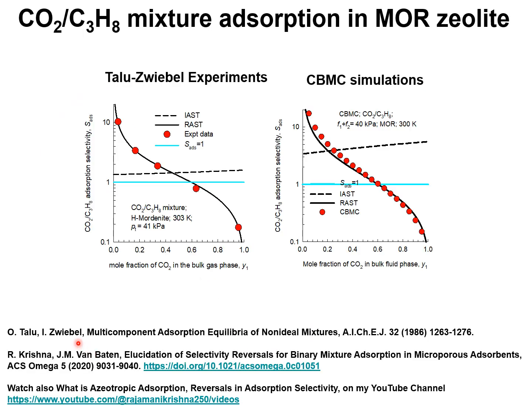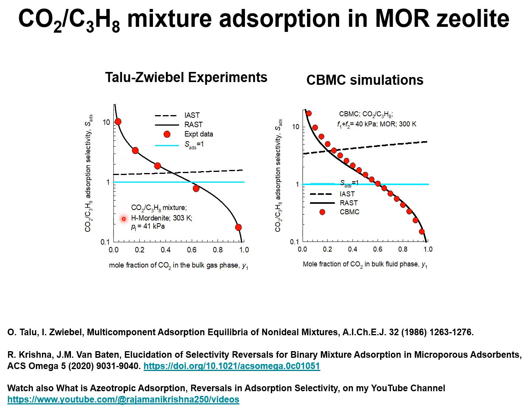Talu and Zwiebel published a set of experimental data on the adsorption of mixtures of carbon dioxide and propane in the Mordenite zeolite. For low concentrations of CO2 in the bulk gas phase mixture, the mixture adsorption equilibrium favors CO2.